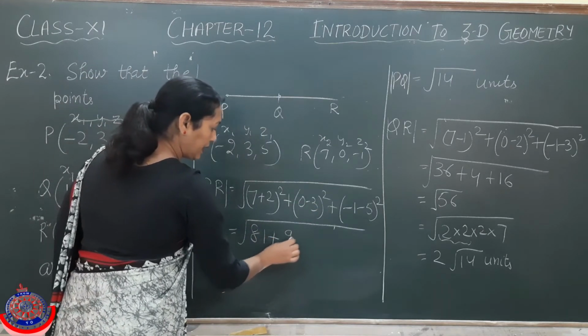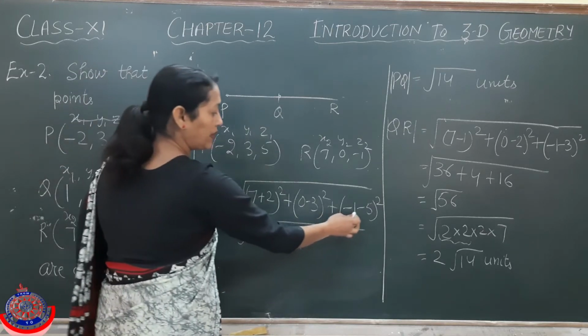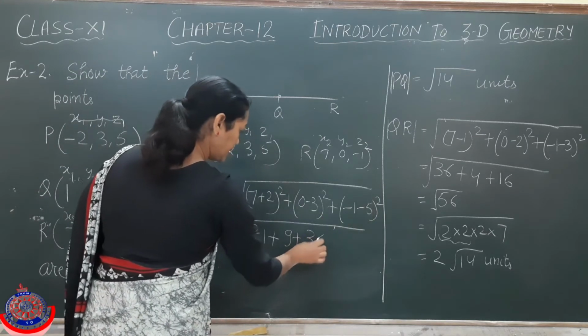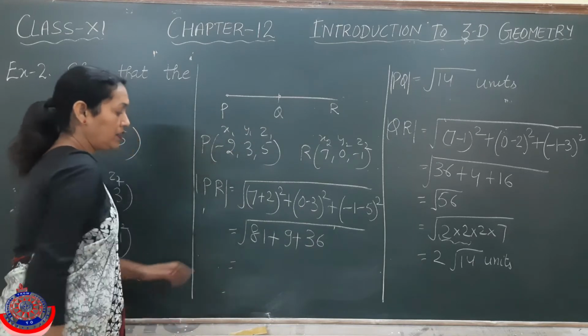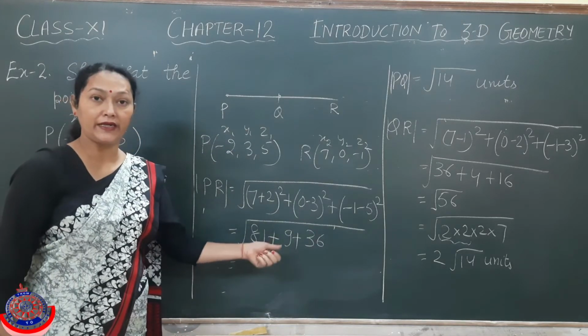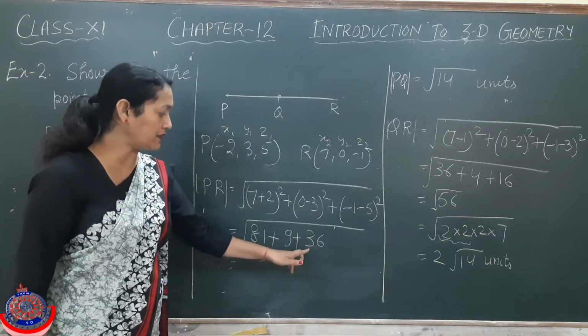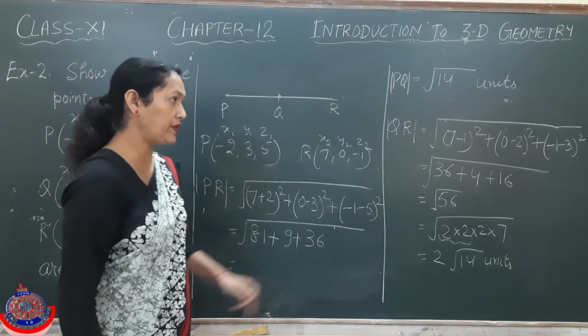Minus 3 square will be 9. And minus 6 square will be 36. 81 plus 9 is 90, and 90 plus 36 will be 126.